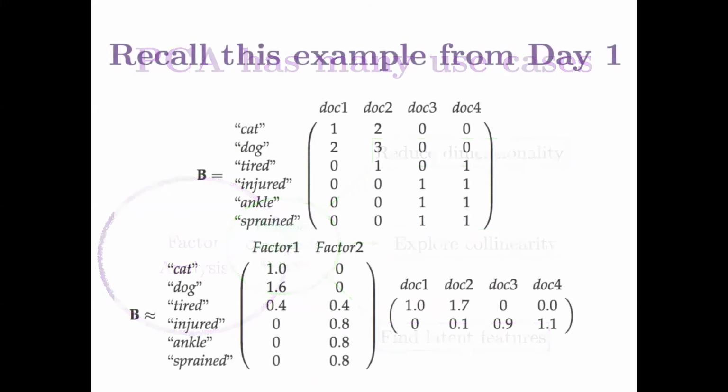I want you to recall this example from our first day of class, where we had some text. We put it in a term document matrix. We had two documents that were about pets, two documents that were about injuries.